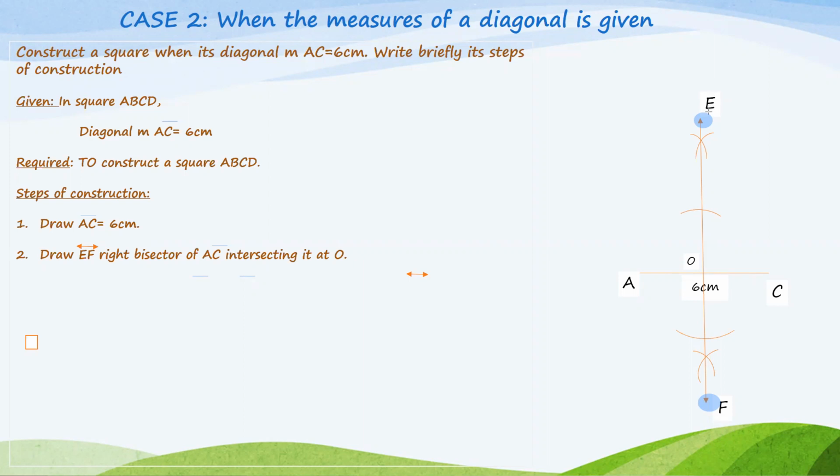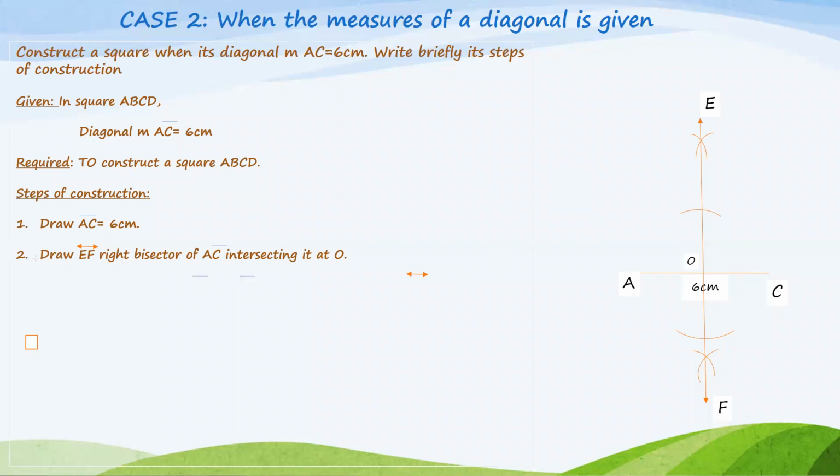There's no ending point of E and F. In the same way, in the steps of construction, we have mentioned the straight line with the two arrowheads.